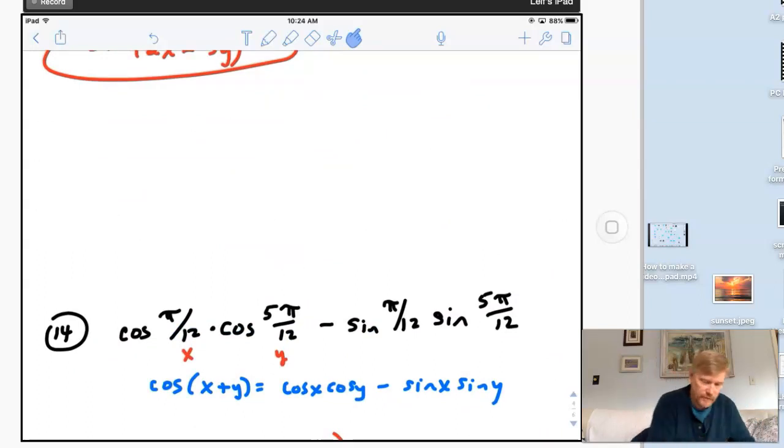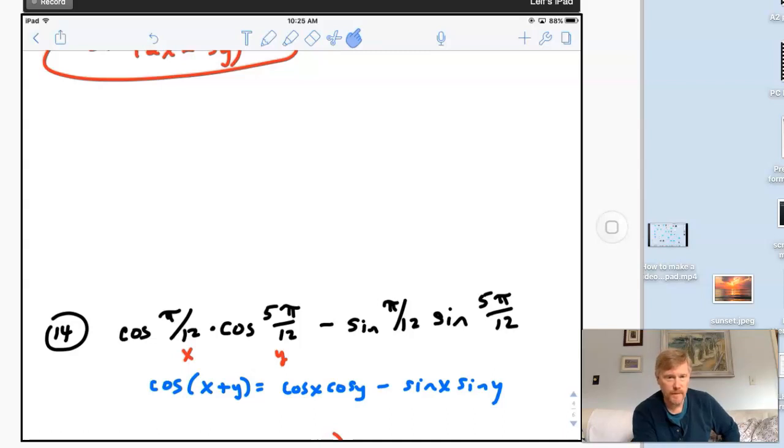Next one, number 14. Cosine of pi over 12 times the cosine of 5 pi over 12 minus sine of pi over 12 times the sine of 5 pi over 12. I can see that that's a cosine problem because it's got cosine, cosine, and sine, sine together, which means it's going to be cosine of x plus y.